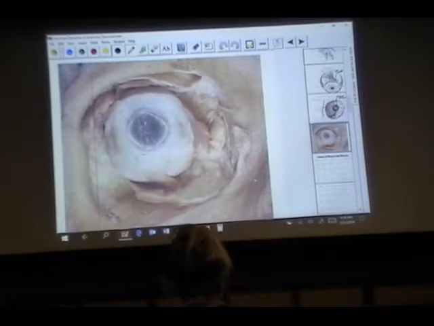Here we've got the lacrimal gland. Over here is the cornea. Here's the pupil and the iris.